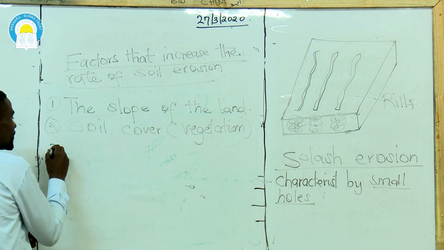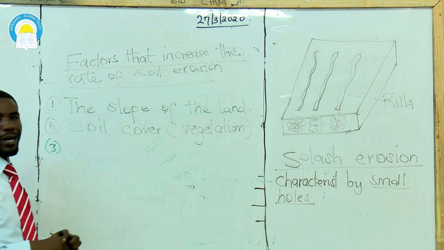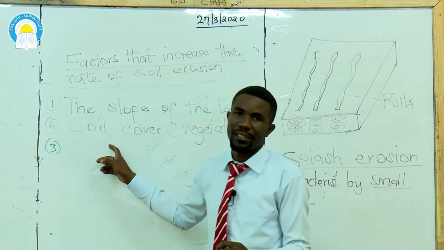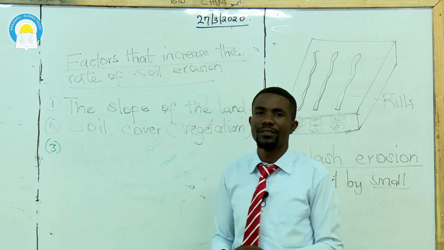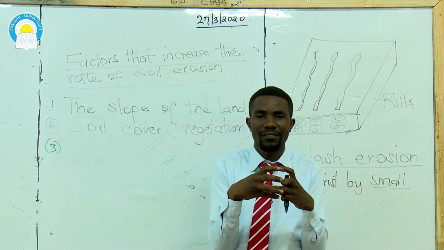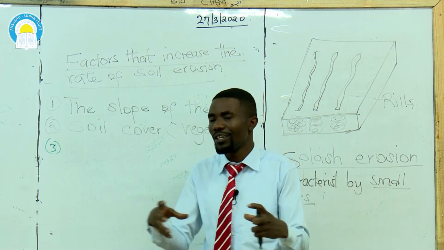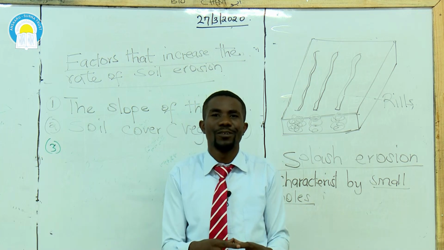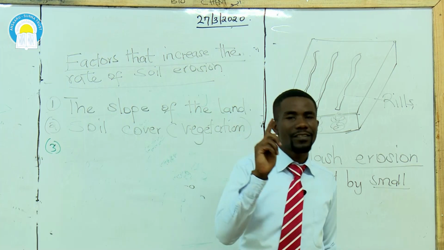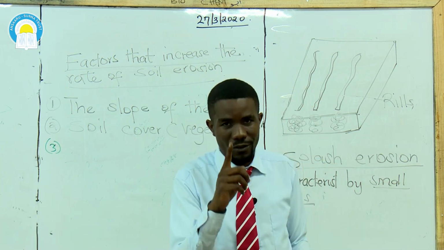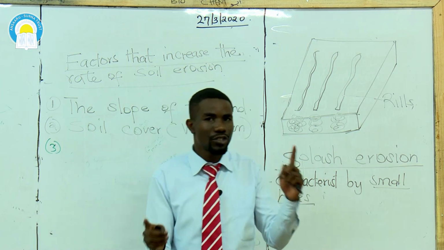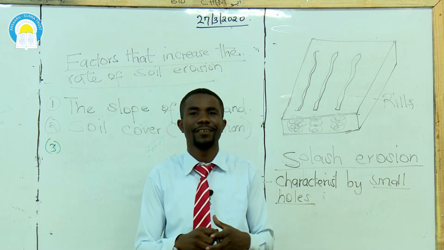Number 3, we are going to talk about the type of soil, which is compacted together. You know, we normally say unity is strength, utengano ni udhaifu. If you compare the soil particles of the sandy soil and that of the clay soil, which ones are compacted together?